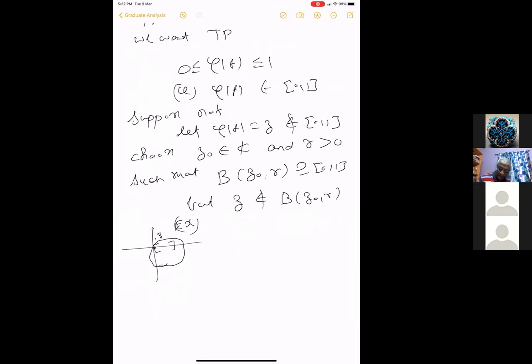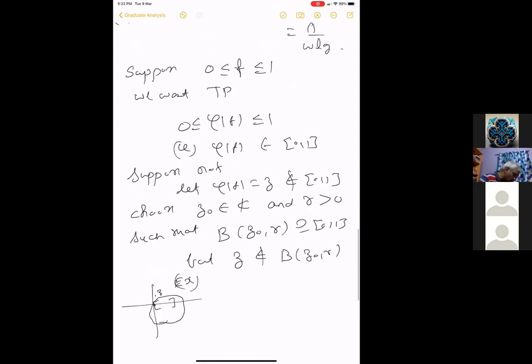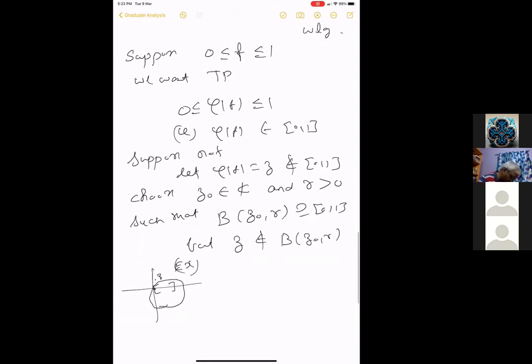Let x be in X. Since f is greater than or equal to 0 and less than or equal to 1, f is a positive function, and f of x has to be in [0, 1].